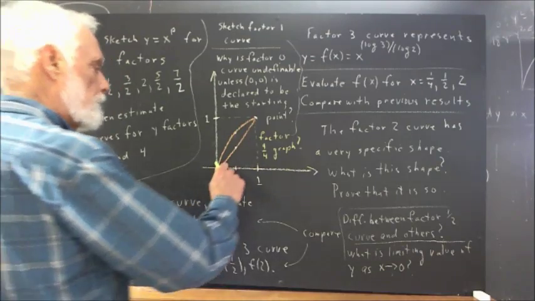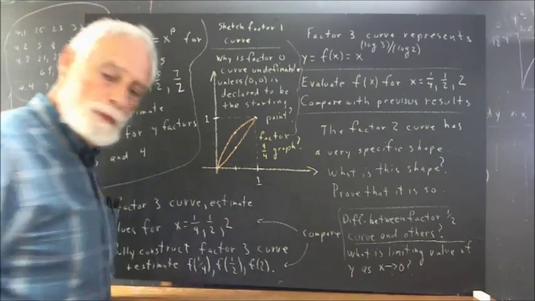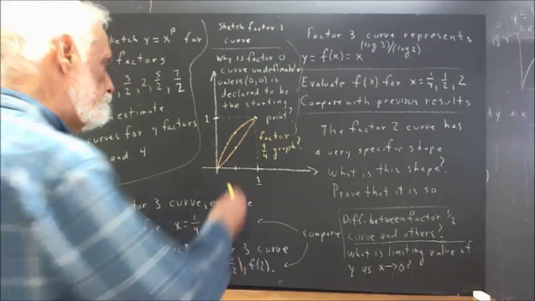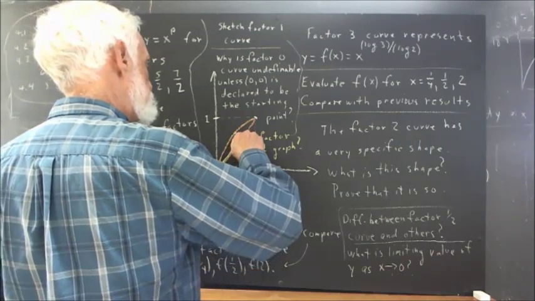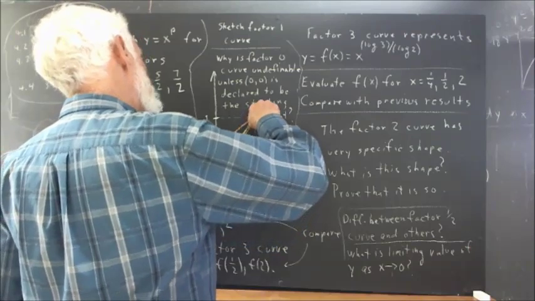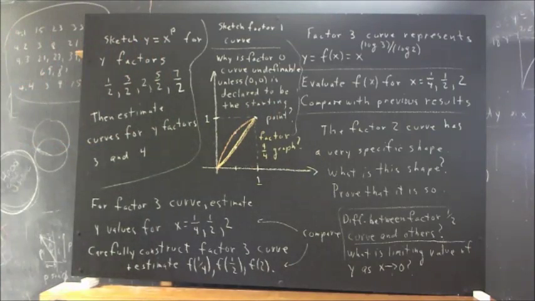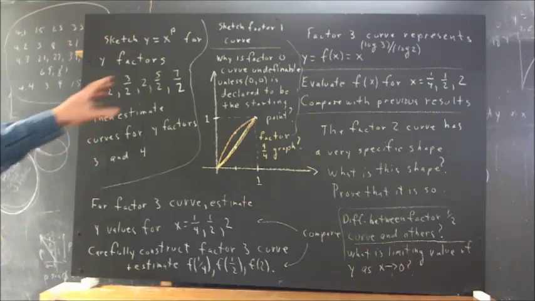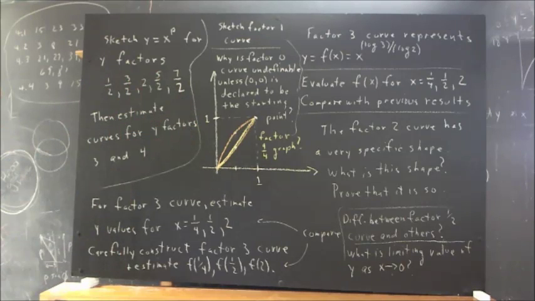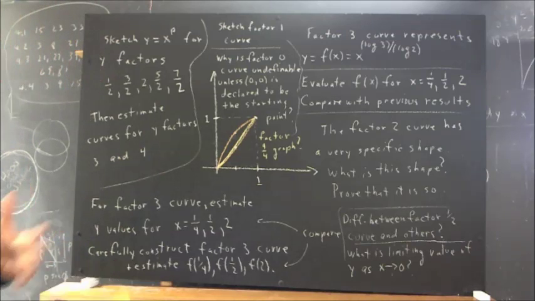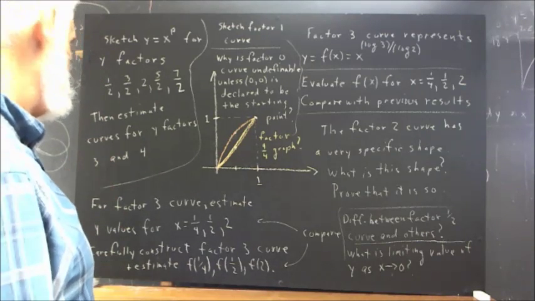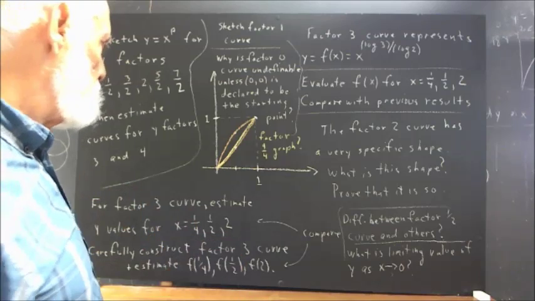So we might expect that graph to be maybe here. So in positioning graphs in between others, you can ask yourself, what two numbers does a factor lie between, and then how should the graph compare to the two graphs it lies between.